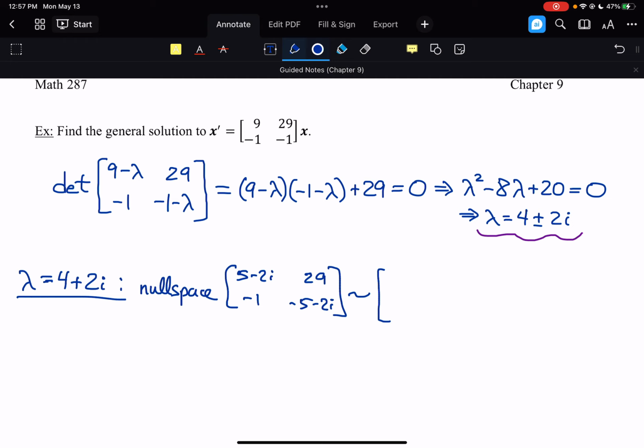Working through the row reductions here, we'll move the 1 and the 5 plus 2i up here, and then this row will end up canceling and turning all into zeros.